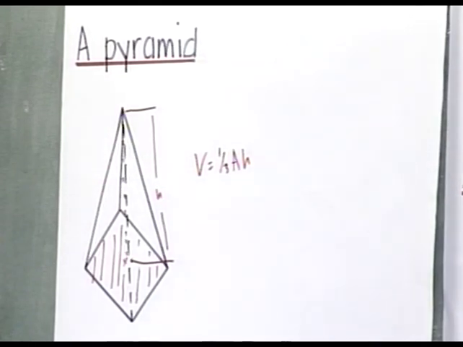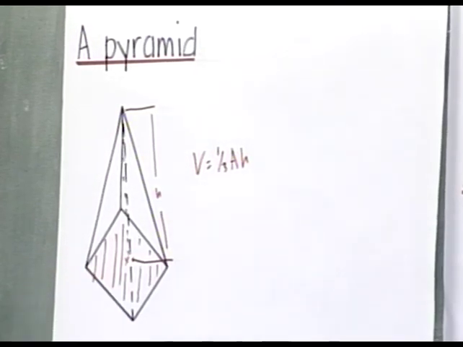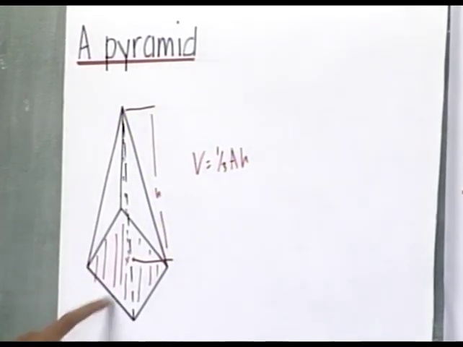To get the volume of the pyramid, it is 1/3 times the area of the base times the height. The pyramid makes up 1/3 of the prism.